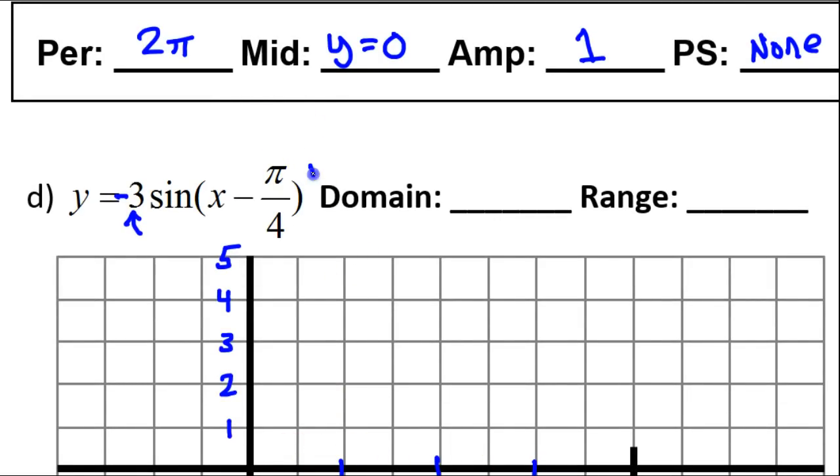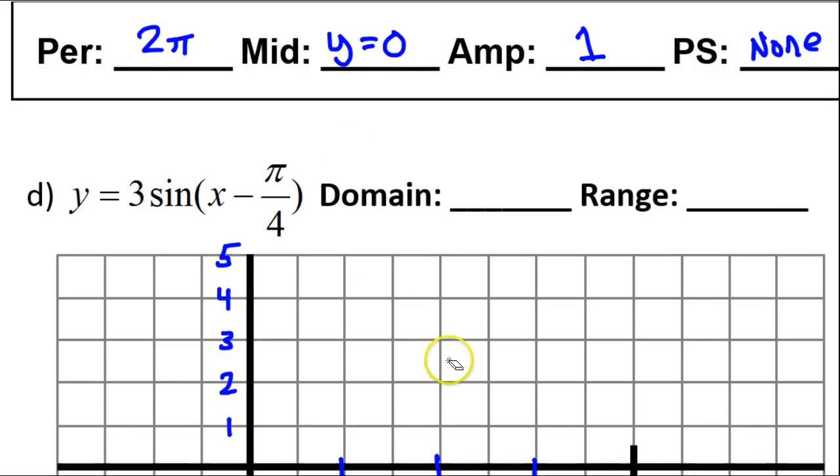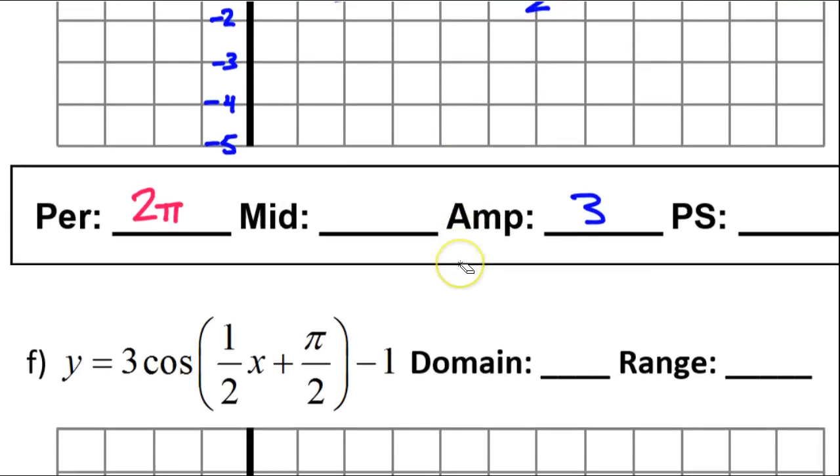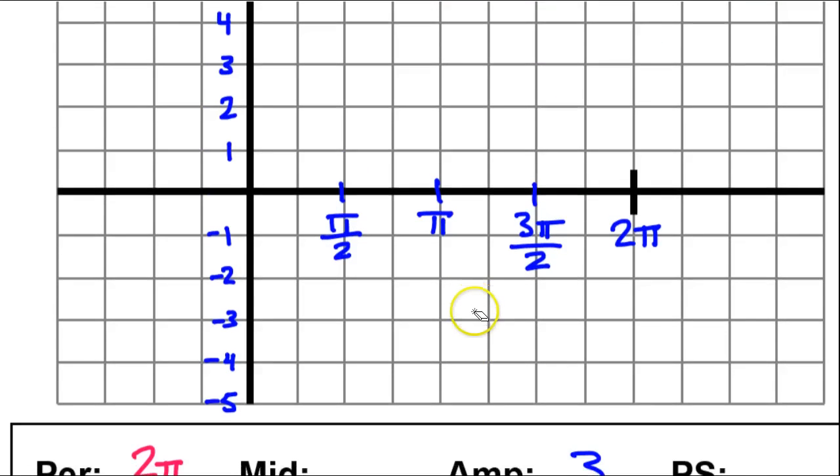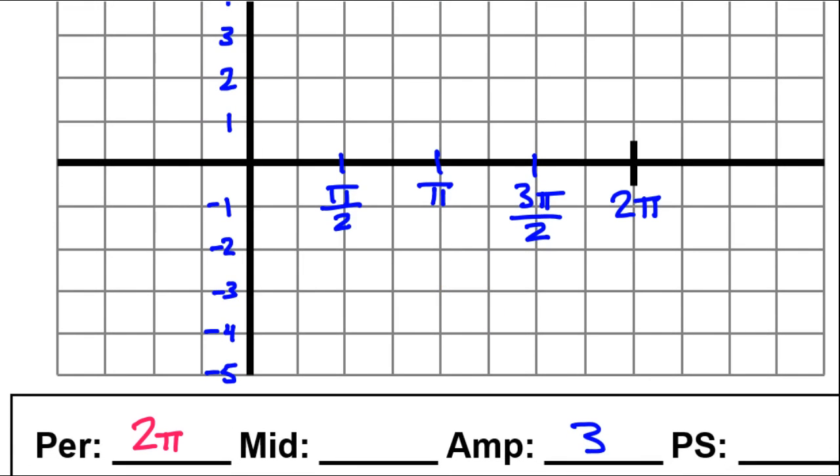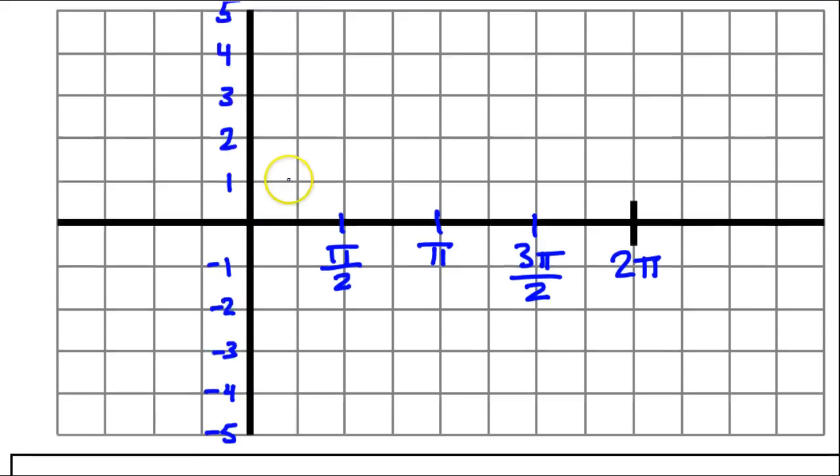It changes if something is added or subtracted to the end. Like, for example, if there was a plus 1 here. But when there's nothing being added or subtracted on the very end, then the midline stays y equals 0. So that's what's happening right now. Y equals 0.